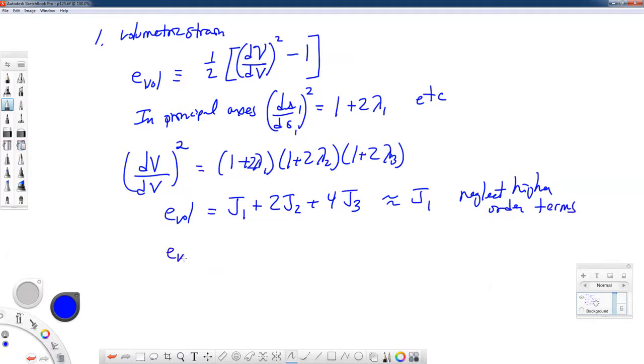And in that case, the volumetric strain is just equal to J1. It's equal to, say, epsilon kk, where k is a dummy index. It's equal to epsilon 1,1 plus epsilon 2,2 plus epsilon 3,3.